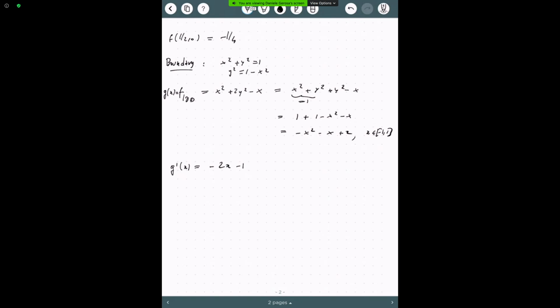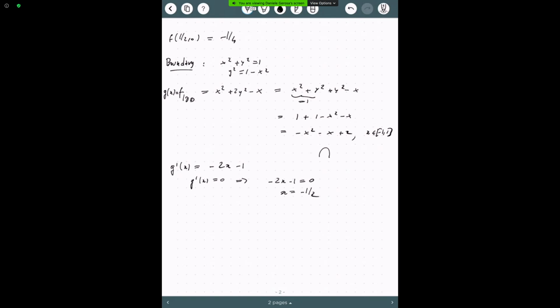And if you set it equal to 0, g prime of x equal to 0 implies that minus 2x minus 1 is equal to 0, and x is equal to minus 1/2. This will be the global maximum, sorry, because this is a quadratic thing, something like this with a minus in front.